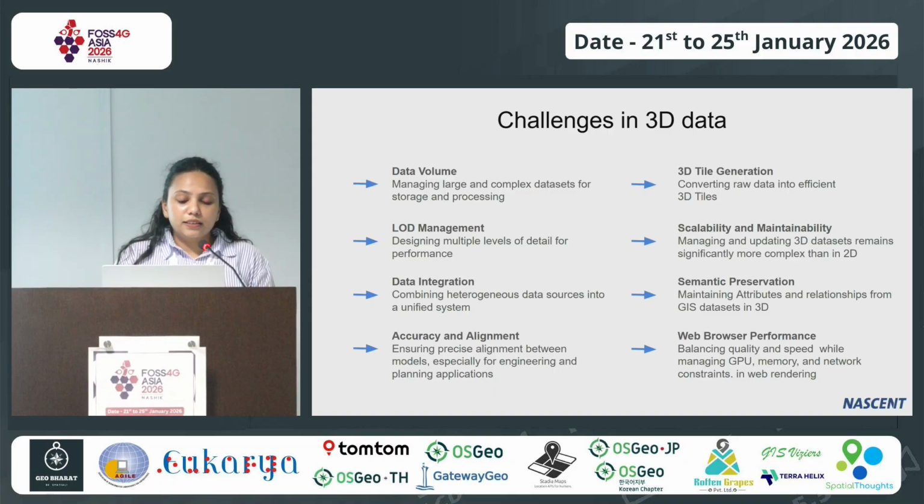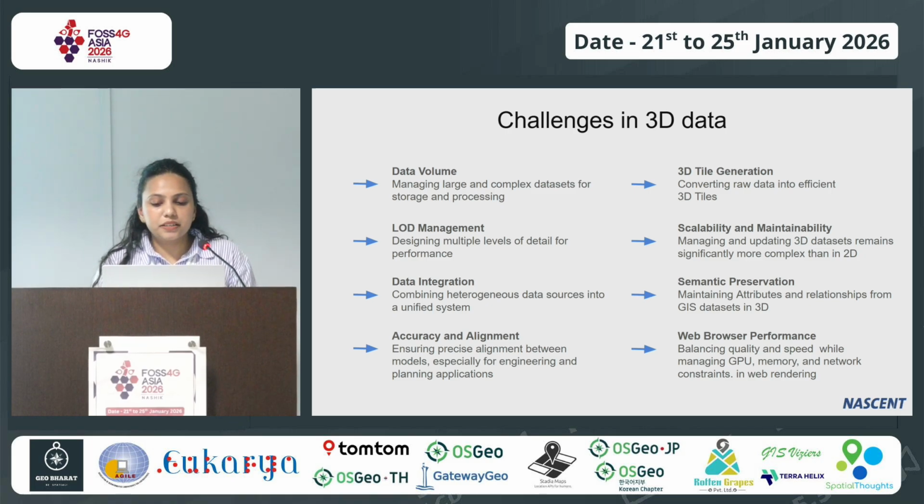Then there is the complexity of generating 3D tiles from the raw data. Managing and updating 3D data sets remains significantly more complex than in 2D, so it should be scalable and maintainable. Then we have to preserve semantics like attributes and relationships. Also, while rendering in a web browser, we have to look after constraints like speed, managing GPU memory, and network constraints.